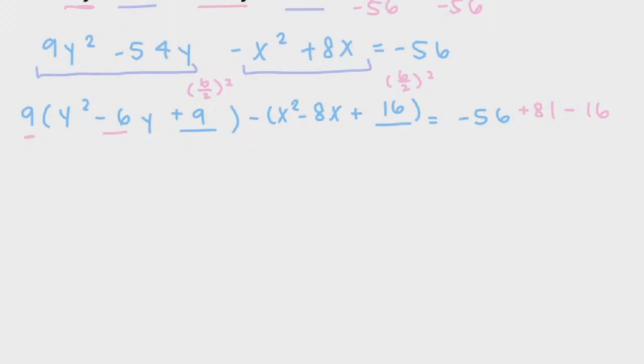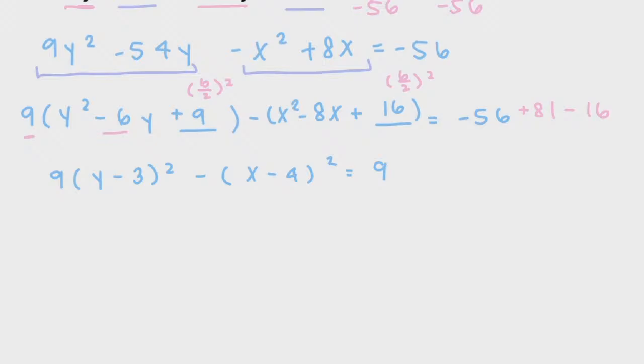So now we're going to factor. We have 9 times y minus 3 squared. Y squared minus 6y plus 9 is going to factor to y minus 3 squared, and x squared minus 8x plus 16 is going to factor into x minus 4 squared. And when we simplify the right-hand side, that's going to equal 9.